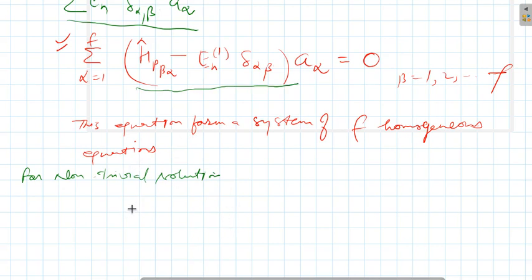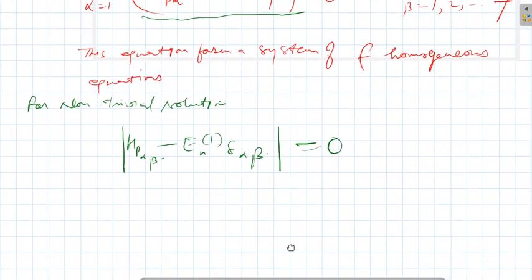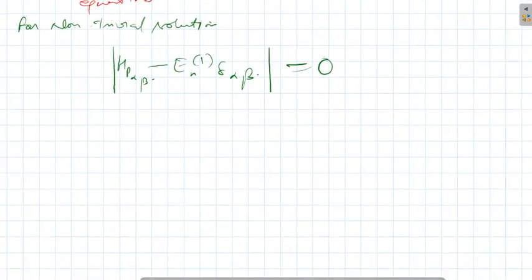That is, HP alpha beta or beta alpha, whatever you want to call, minus En1 delta alpha beta, their determinant must be equal to 0.